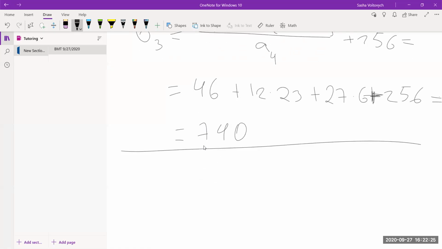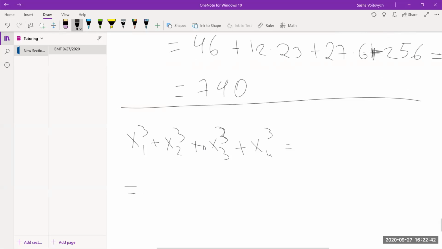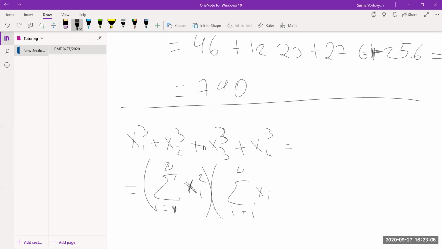Okay, so now we want to express the sum of cubes in terms of sigma 1, sigma 2, and sigma 3. So it is equal to the sum of squares, where i goes from 0 to 4, times the sum of x's.